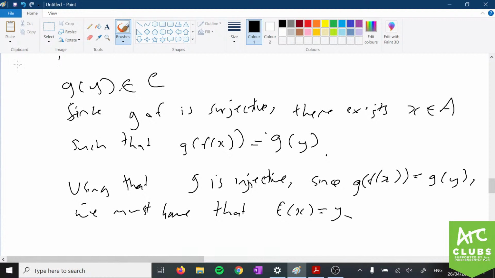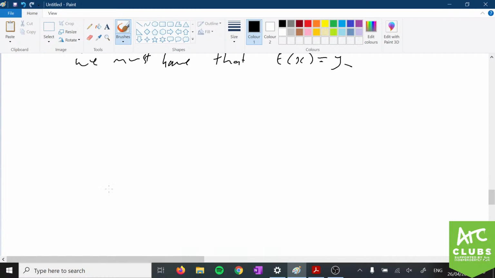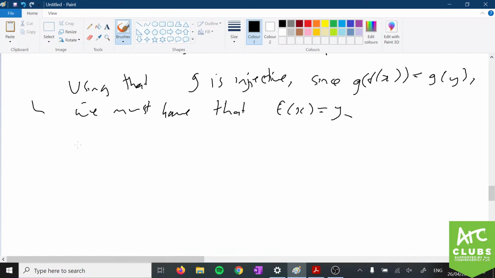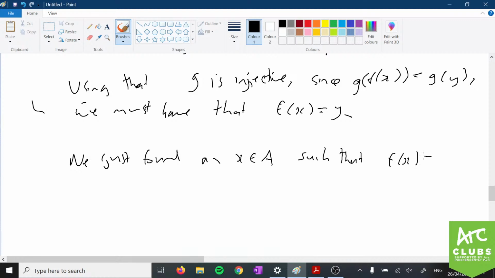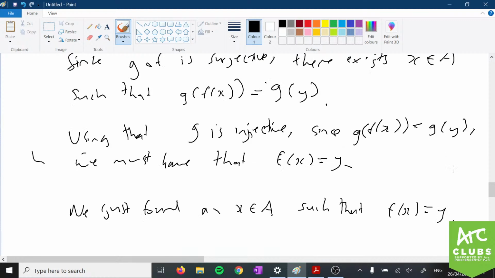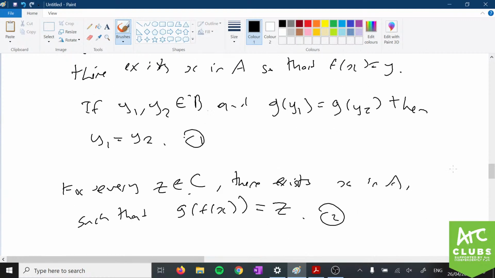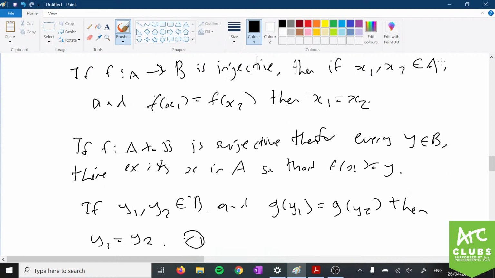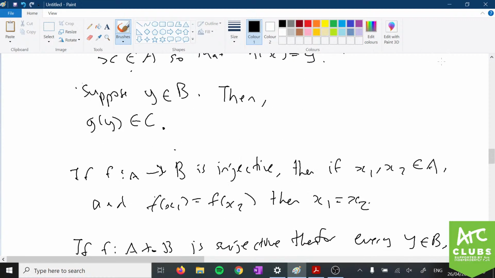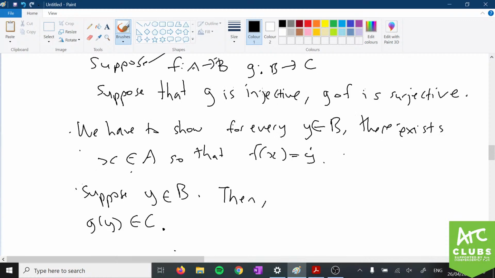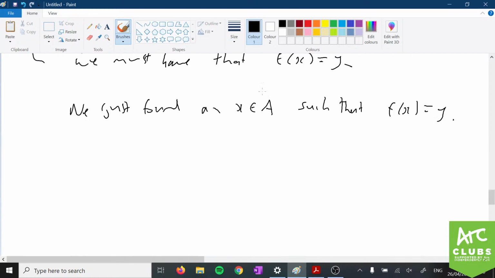And that means, okay, we just found an x in A such that f of x equals y. And if you remember, y was pretty much anything in our set B. But this means for anything in B, we found an x in A so that f of x equals y.